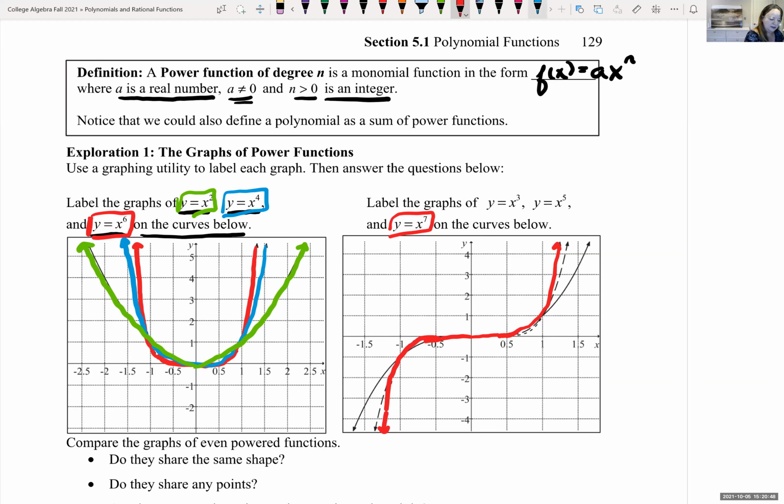X to the fifth is going to be the next steepest. And then the x cubed is growing at a slower rate.